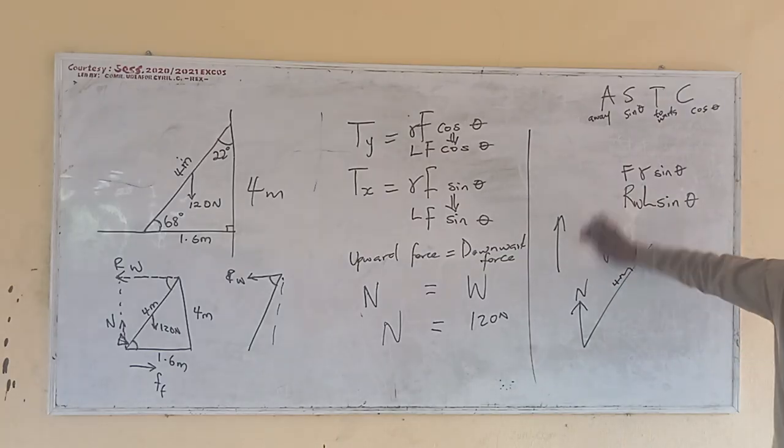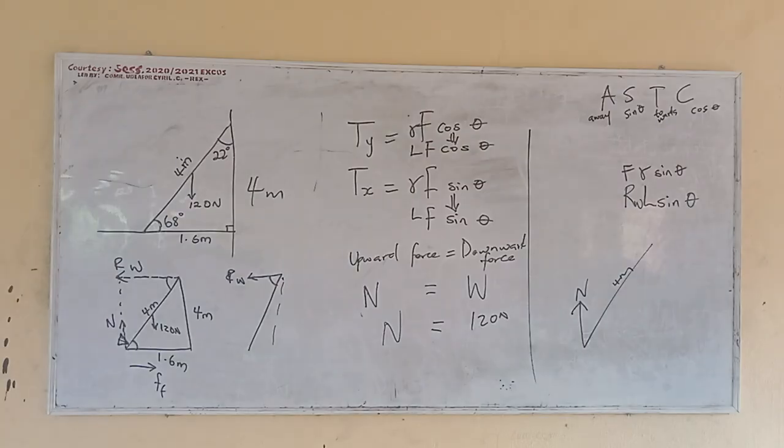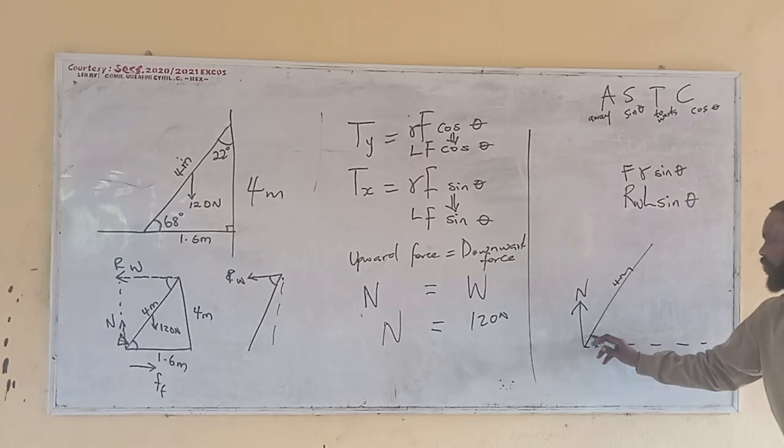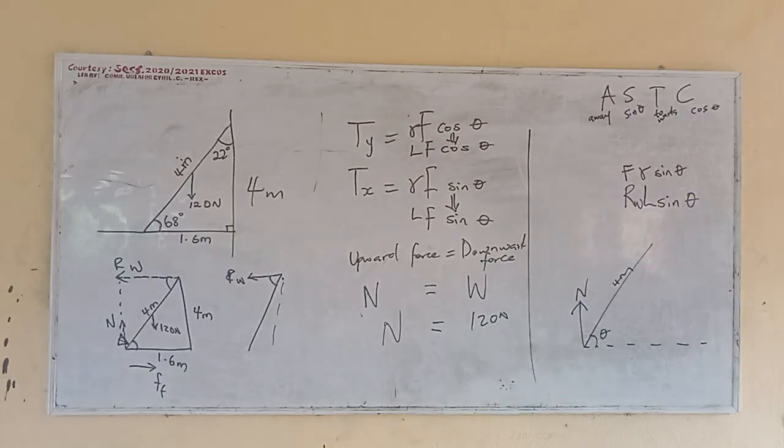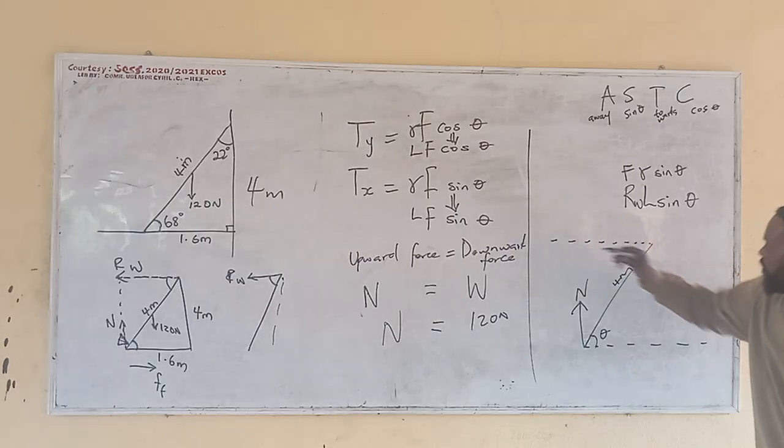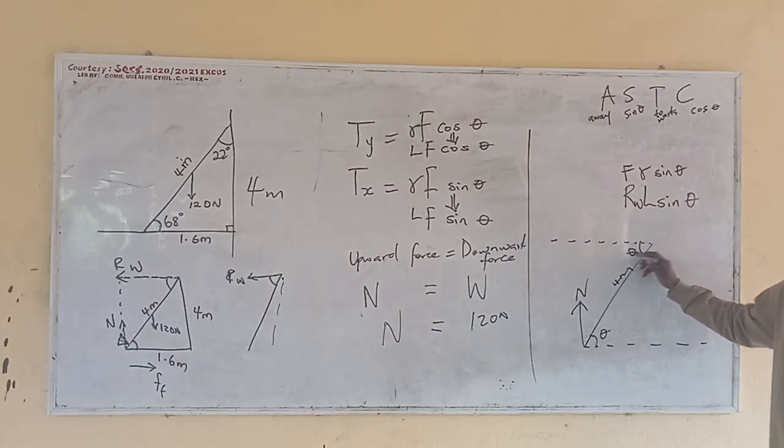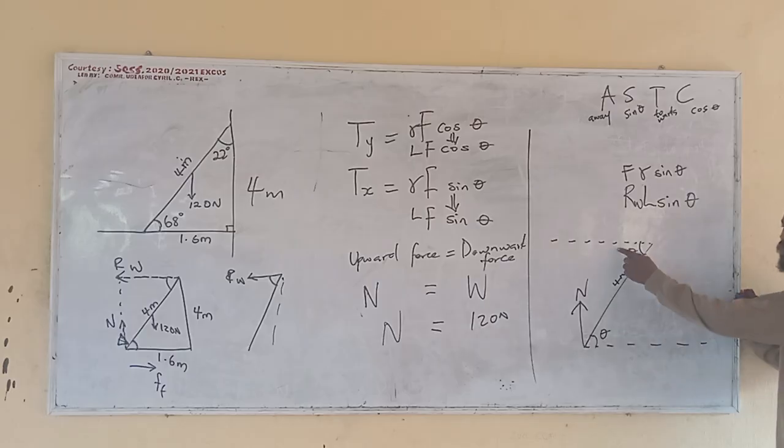Yes. So if this is what I'm saying, notice that there's an angle here, which we'll call theta, shebi? Yes. And if that be the case, notice that there's an angle here, alternate angle, which is also theta, shebi? This angle is equal to this angle.